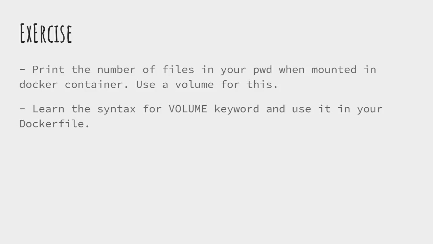So the exercise for today is to print the number of files in your present working directory when it is mounted inside the Docker container. You have to use a volume for this so that you can mount your present working directory inside the Docker and then run an ls command in that folder, pipe it using wc -l so that you can get the line count. I'm going to show you how the line count is printed.